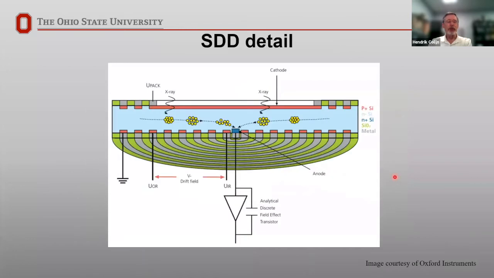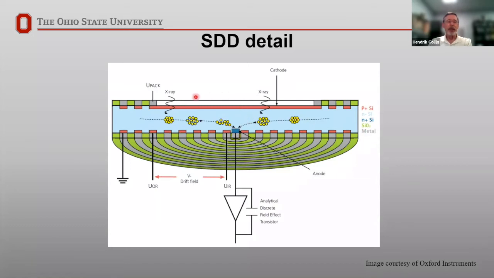And the geometry is slightly different. It's the same principle inside, but the geometry is a little different. So here your X-ray is coming in from the top. You will usually have some sort of a window up at the top here. Your X-ray comes in, you generate your electron hole pairs, but now they're swept out with this charge potential distribution due to these biasing rings.